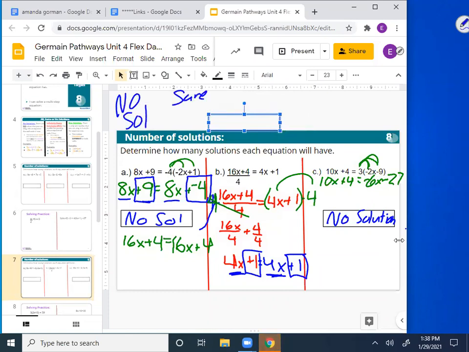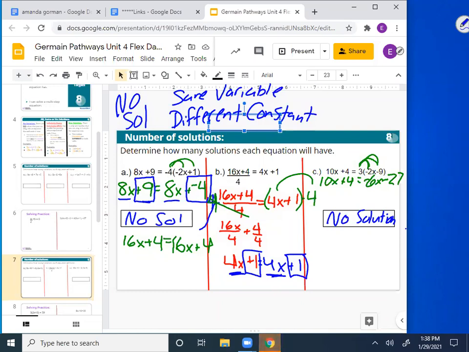Same variable, different constant. This is not going to have no solution because we don't have the same variable. No solution only happens when we have the same variable.